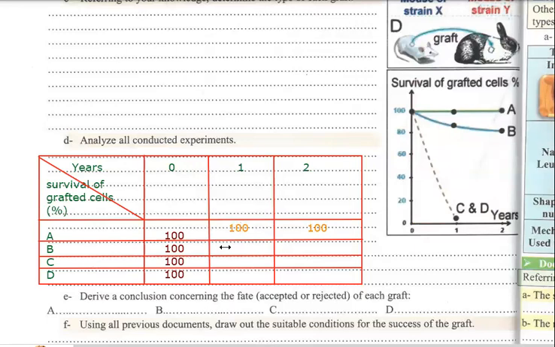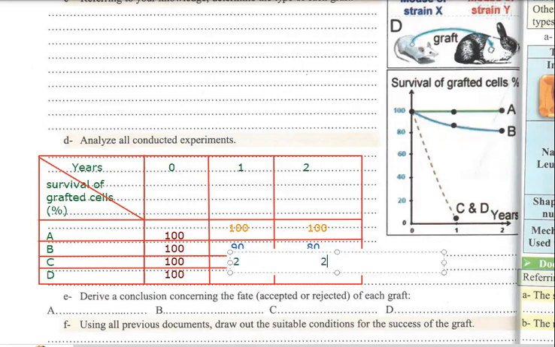B at year 1 was almost 90 and went down to 80. I'm talking about this graph. C and D from the first year became about 2 or 0. So 2 and it stayed 2, 2 and it stayed 2.